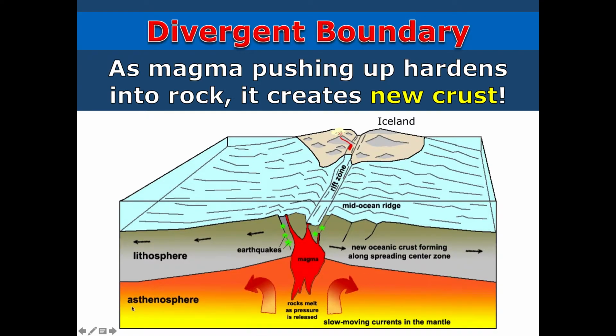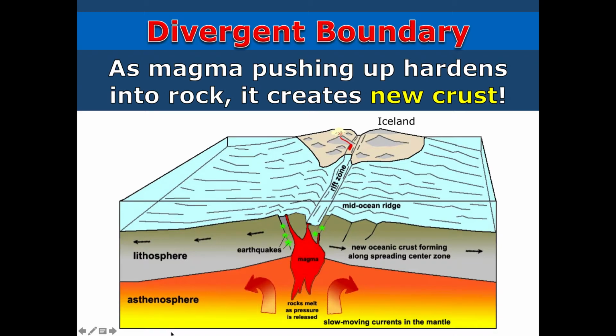And again, what's moving these plates? Convection, heat rising, and slowly moving through these convection currents. Looking at this mid-ocean ridge as an example, on the left side over here, we have a counterclockwise convection happening.